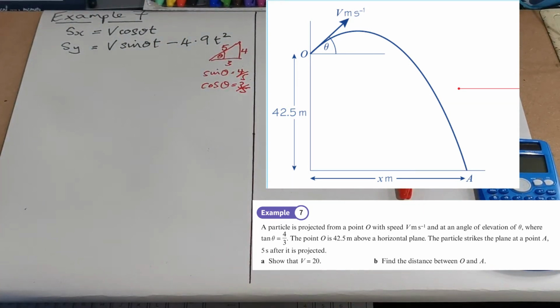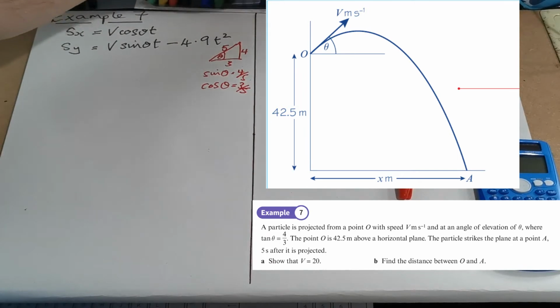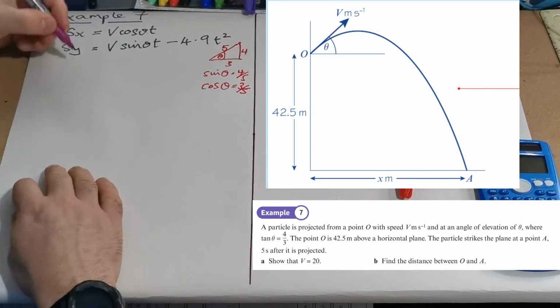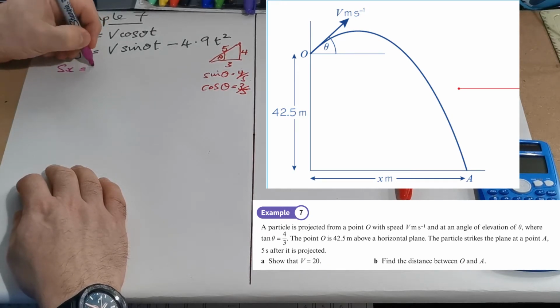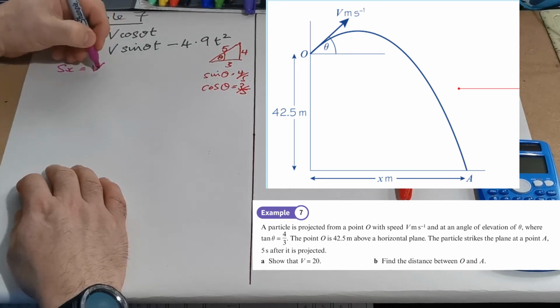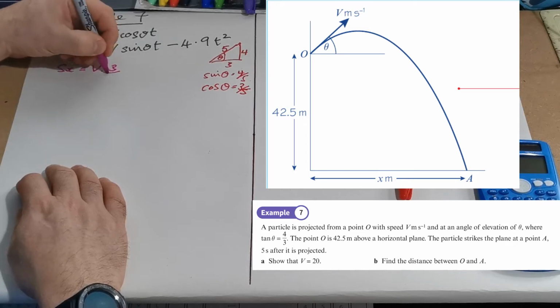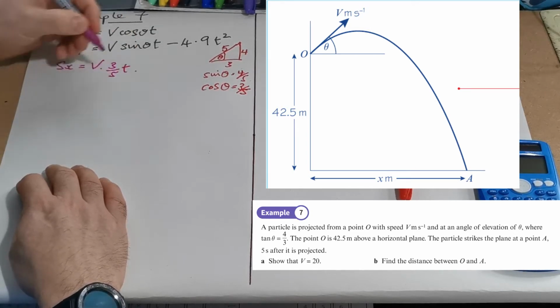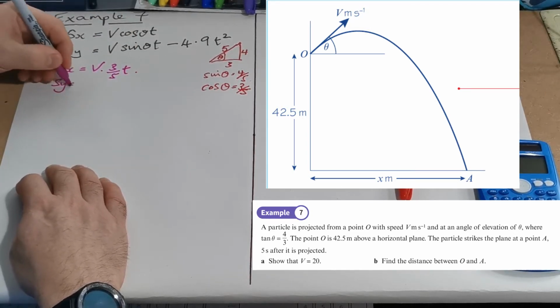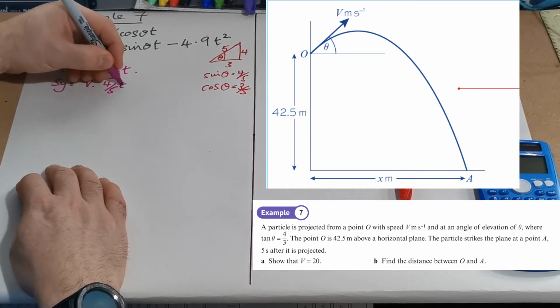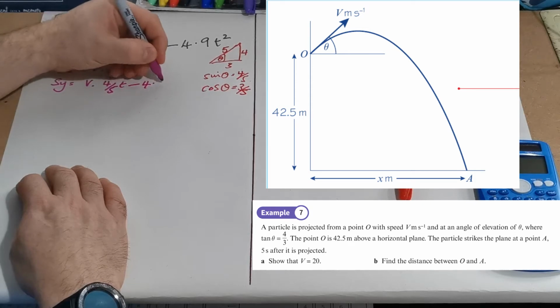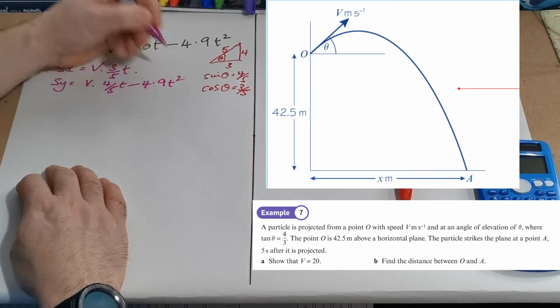Right, so that's got us in a nice position. So I'm going to now change here to say that Sx is equal to v times 3/5 t, and Sy is equal to v times 4/5 t minus 4.9 t squared.